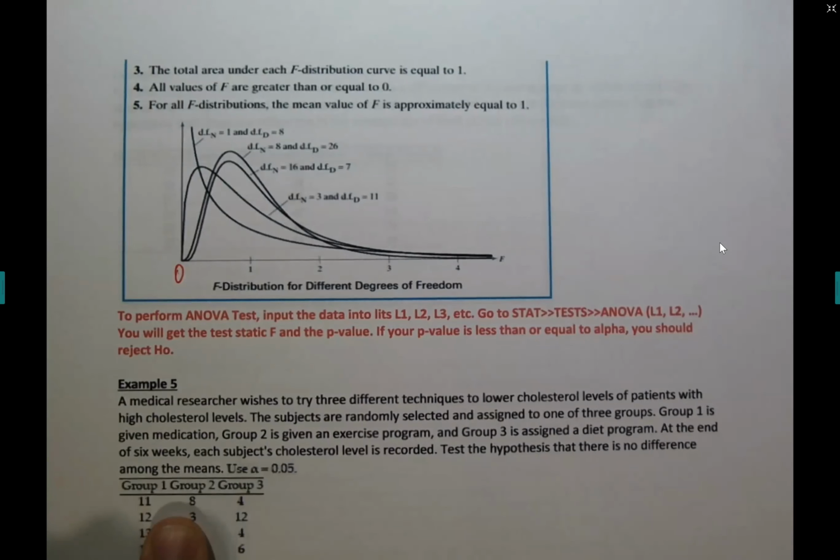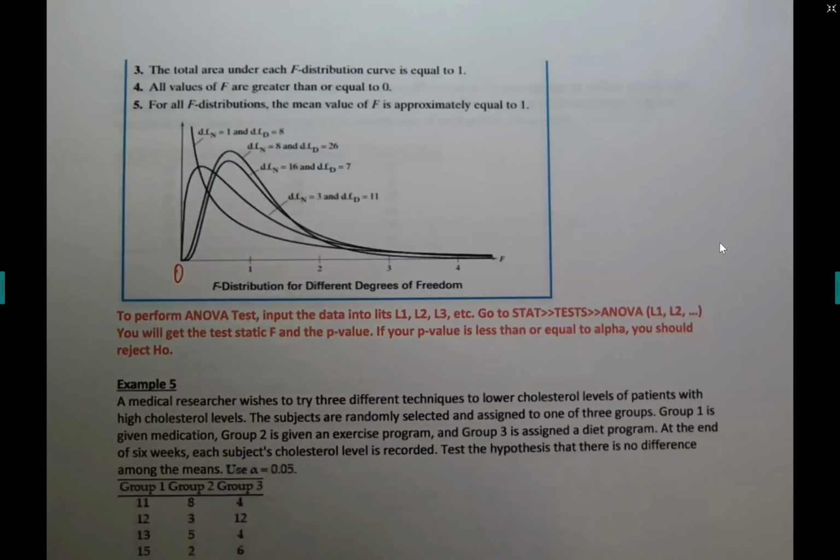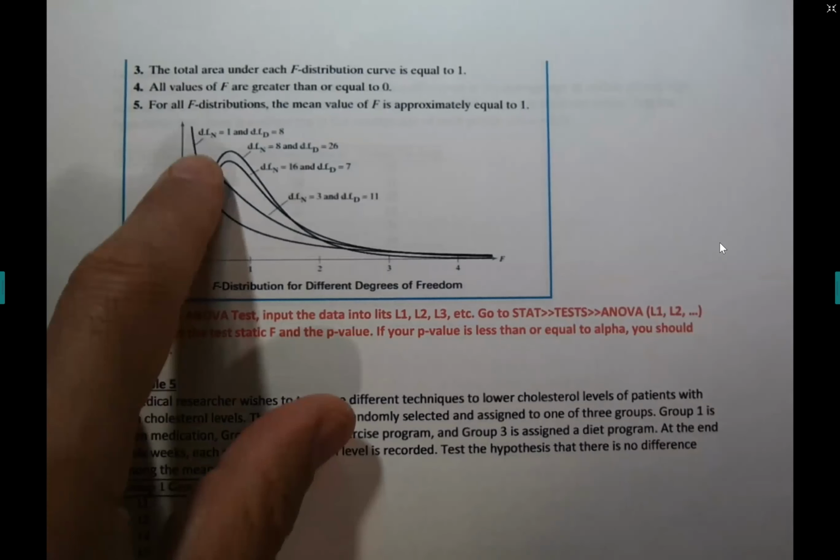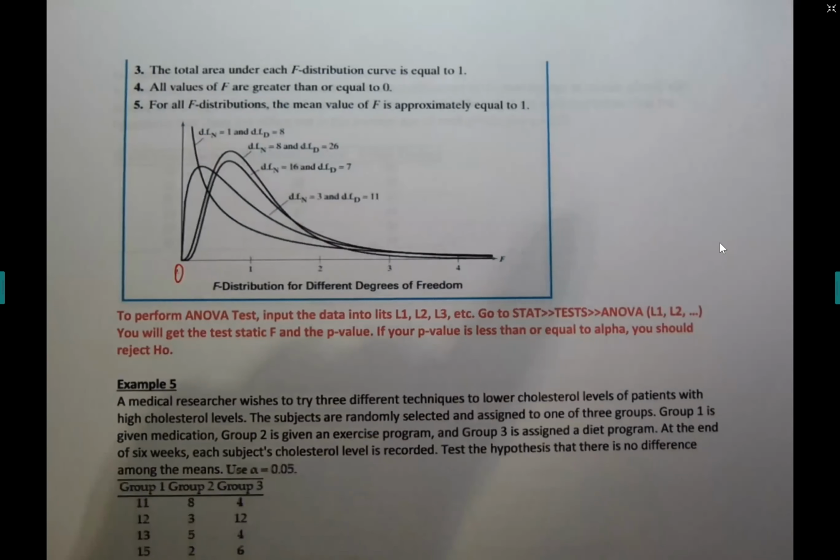Okay. So that is the F distribution. And the F distribution, guys, is skewed toward the right. So it's not symmetric. It's always skewed. It's just like the chi-square distribution. The difference between the chi-square distribution and this distribution is that the chi-square has only 1 degree of freedom.